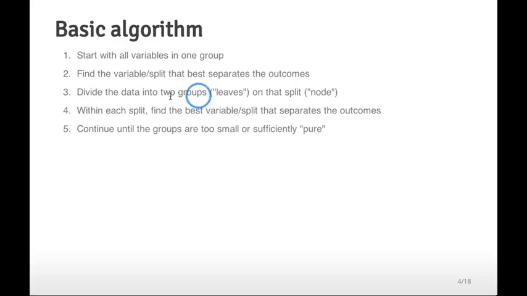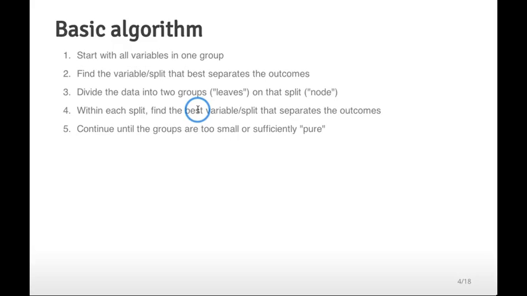Once you've divided the data into two groups, into two leaves at a particular node, then you go within that particular group and you perform another split, trying to find the best variable or split within that separates the outcomes within the previous split. So what you're doing is recursively doing a set of nested splits where you start off with splitting on the best variable.